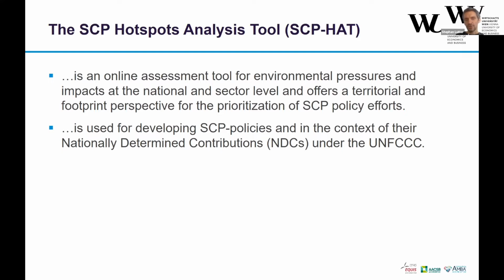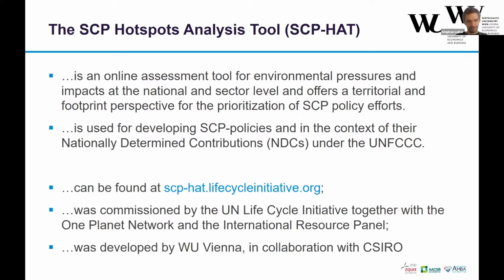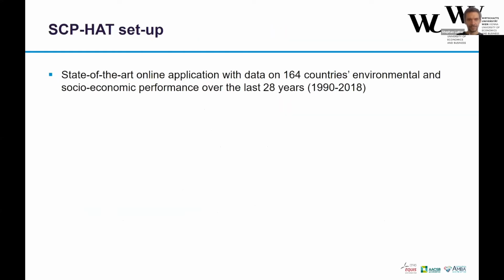It's already been used, the first version, for the development of SCP policies in the context of the NDCs and also under the UNFCCC. Where can you find the tool? The link is scp-hat.lifecycleinitiative.org. The tool was commissioned by 3 different UNEP sub-organizations, the Life Cycle Initiative, the One Planet Network, and the International Resource Panel, and it was mainly developed by our research group in collaboration with CSIRO in Australia.